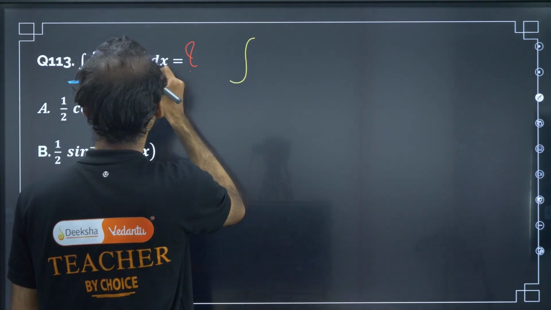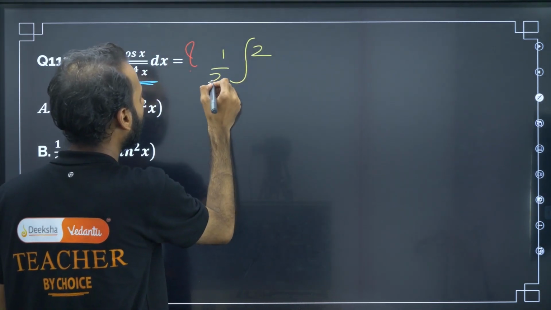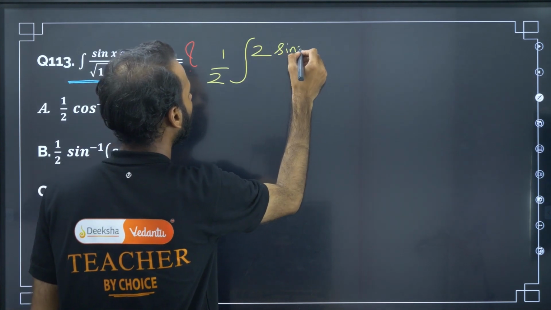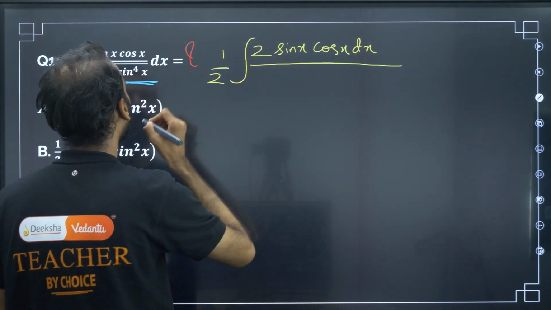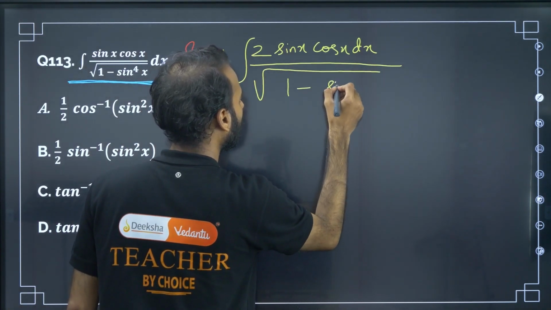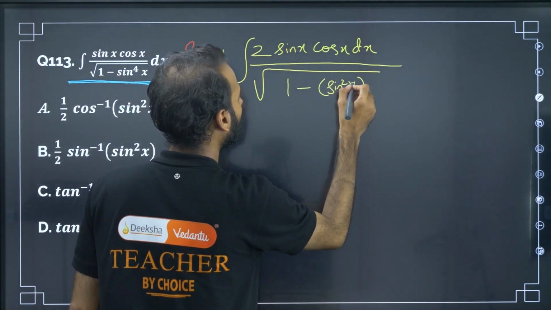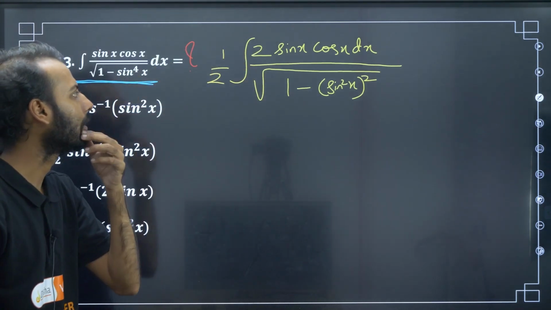So for this, let me write sin x cos x. Let me place 2 here and write 1 by 2 here. You will get to know why I am doing this. Sin x cos x dx divided by root of 1 minus sin square x whole square. Same expression, only I have written it like this.